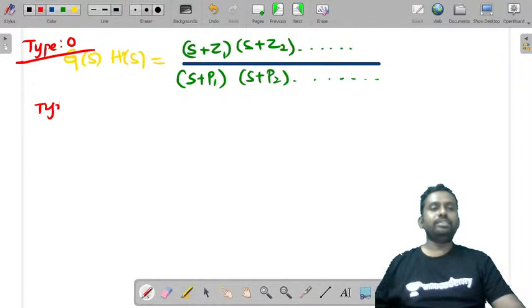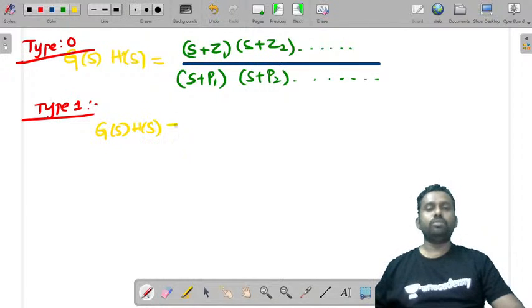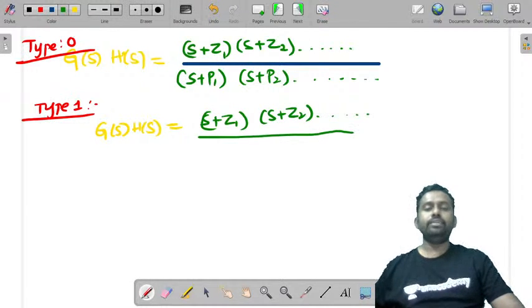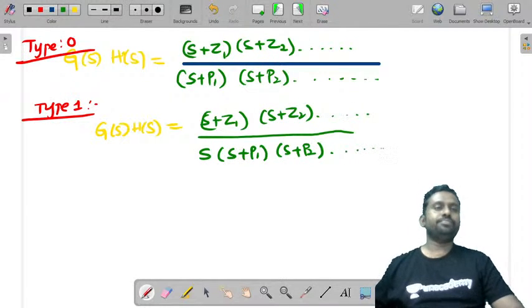Now for a type 1 system, G of s into H of s is equal to (s plus z1) into (s plus z2) and so on, by s into (s plus p1) into (s plus p2) and so on.